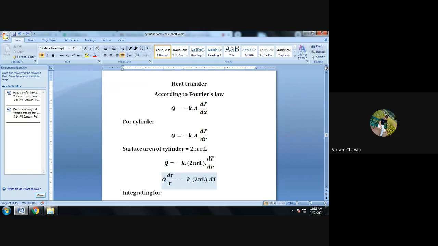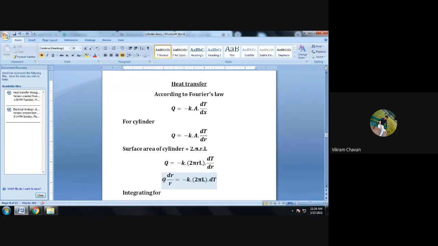Now it will be easy to integrate the equation. But while integrating, we have to provide the limits for the integration. What are the limits for the radius? They are nothing but the boundary conditions for the radius.